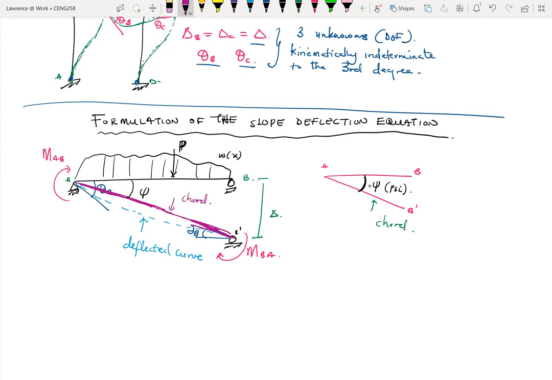So in general, this is what we would experience when we have a beam of length L. Now let's assume that our EI is constant, so the flexural rigidity of the structure is constant throughout.